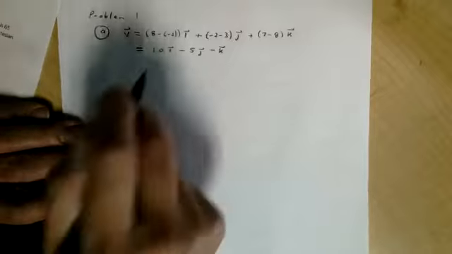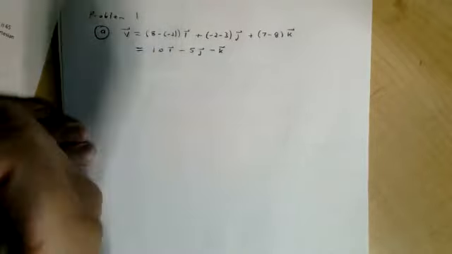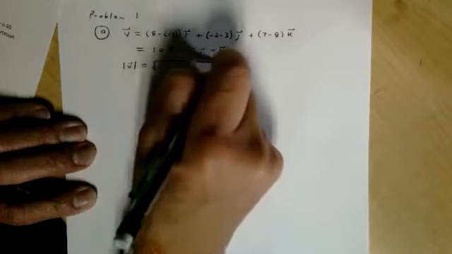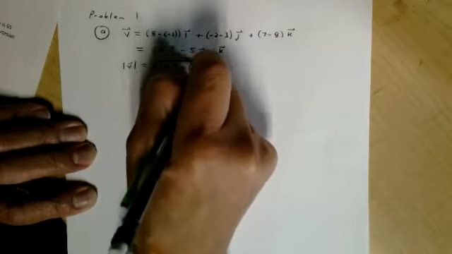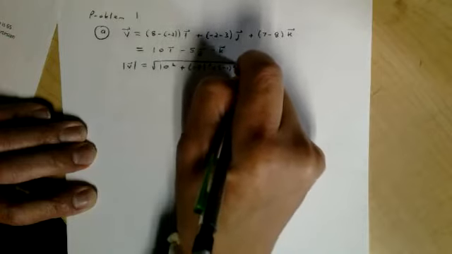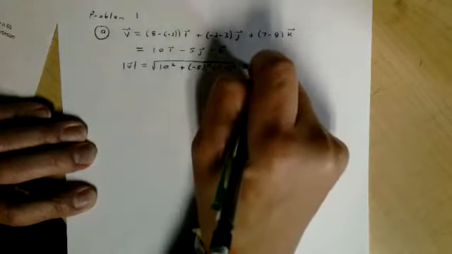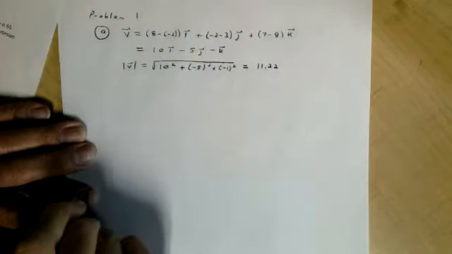Now we need a unit vector in this direction. Before we can find the unit vector, we have to find the magnitude of v. That's just the square root of the components squared, and when you put that on your calculator, it's around 11.22, rounded off a little bit. Now to find the unit vector in the direction of v, you take v divided by its magnitude.